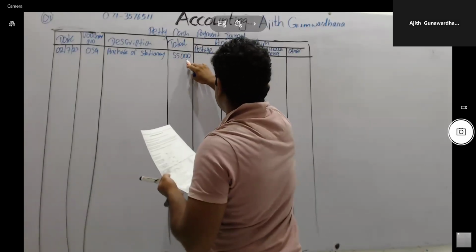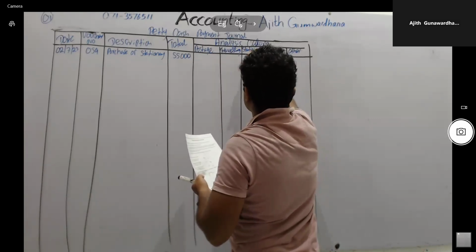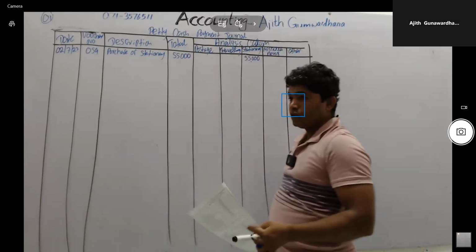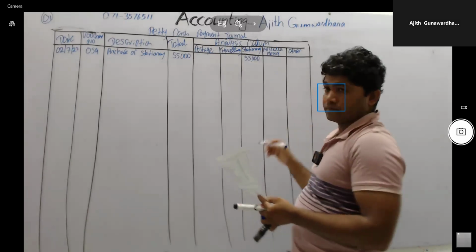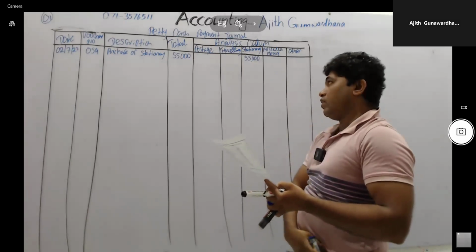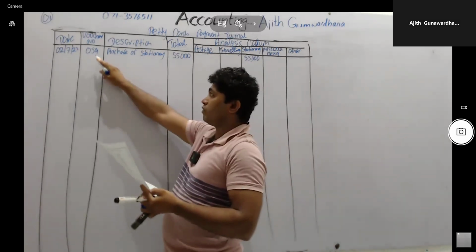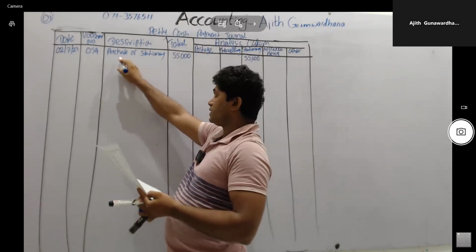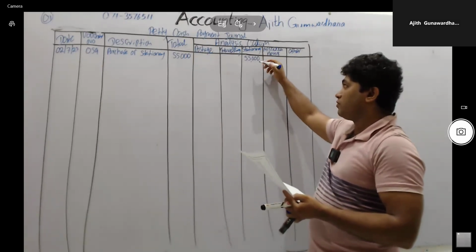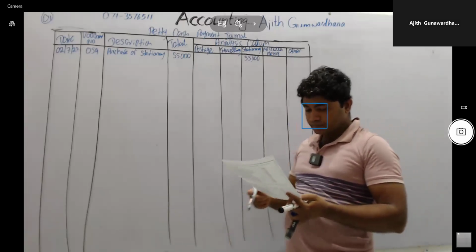Therefore, since a separate column is available for stationery, this value should be recorded in the stationery column. If there are more expenses relevant for stationery, you have to prepare a separate column for that. Think, this payment is a small amount of expense. Record the date, voucher number, and purchase of stationery value, with a separate column available for stationery. Record it like that.